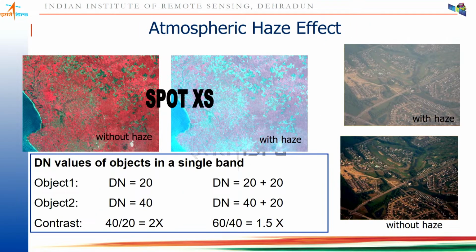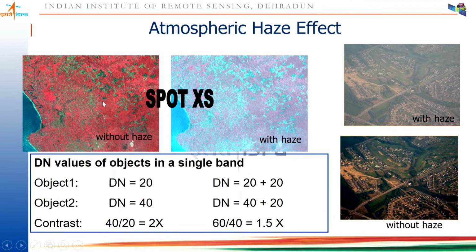Now, haze is the easiest to see and also to correct. If you have gone to a hilly area and try to look down, sometimes when you take a picture, it appears bluish like this. The reason is that we know lower wavelengths are scattered. In addition, there could be haze which is reducing the illumination, right?